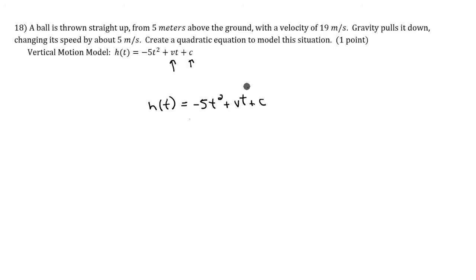So we'll just treat it as a given. And our velocity to start was 19, so I'm going to go ahead and circle that in our problem here. That gets substituted in for that v, and then we also had a starting height of 5 meters, and that's going to be plugged into that c. So this is how it should look when it's all filled in.